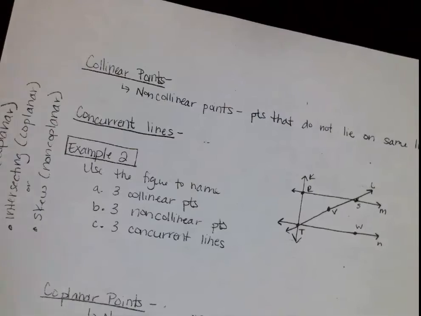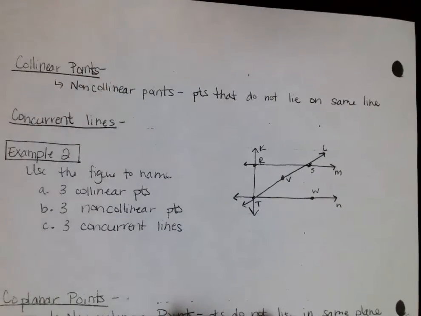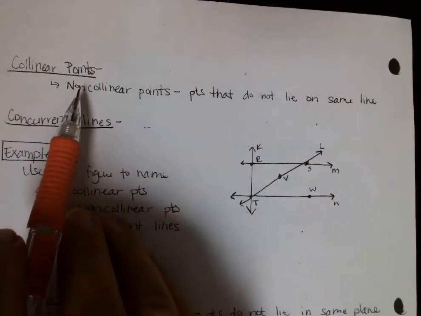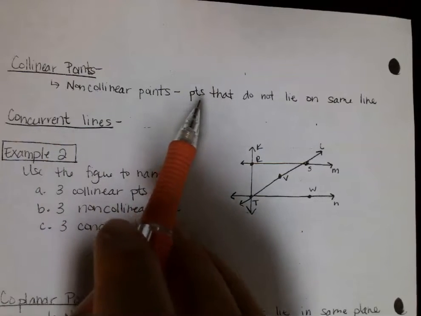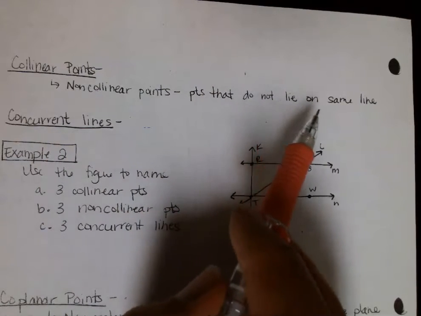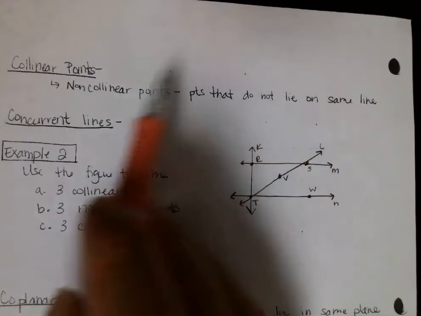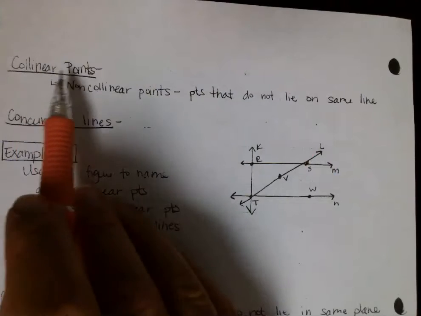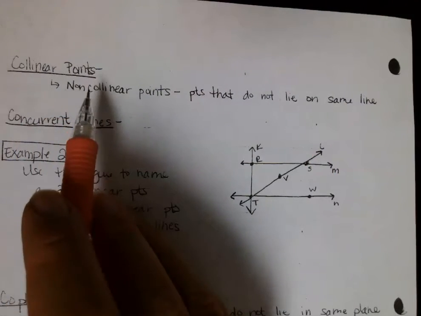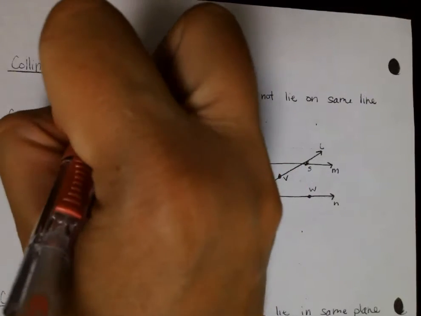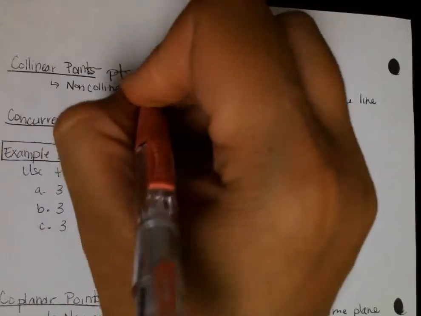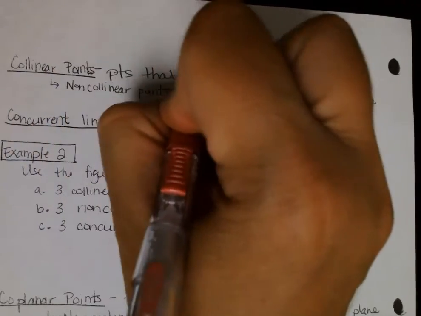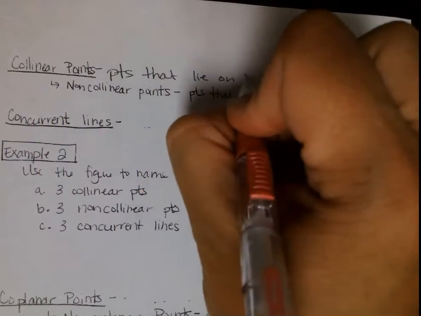We've got collinear points. We need to write a definition this time. Let's look at the definition for non-collinear points. These are points that do not lie on the same line. So what are collinear points? Check it out, you got it. These are points that lie on the same line.